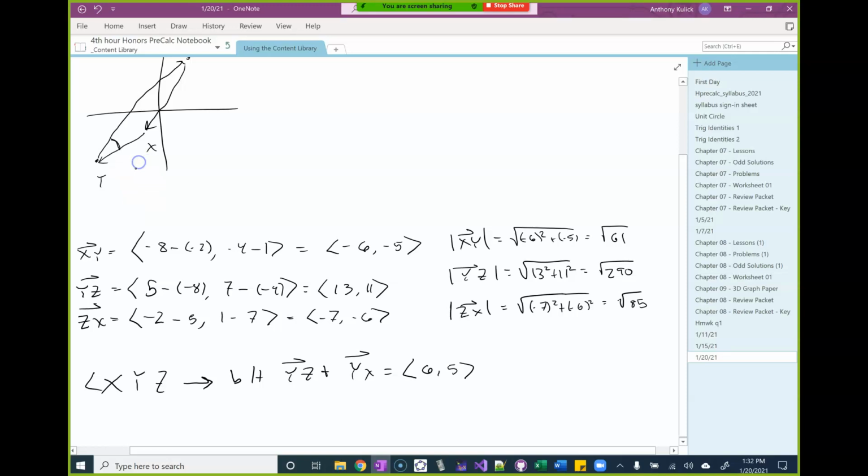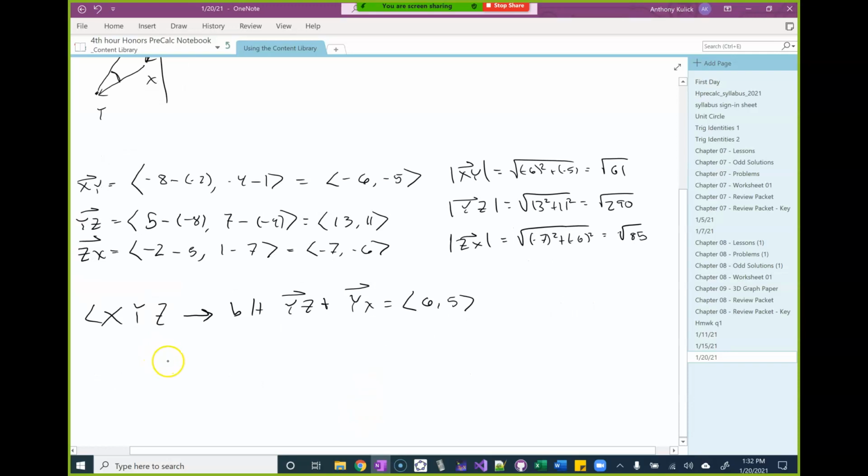Okay, so then I'm going to use my formula, which you can find on page 7 of the notes, that says that theta is equal to the cosine inverse of yz dot yx over the magnitude of yz times the magnitude of yx.